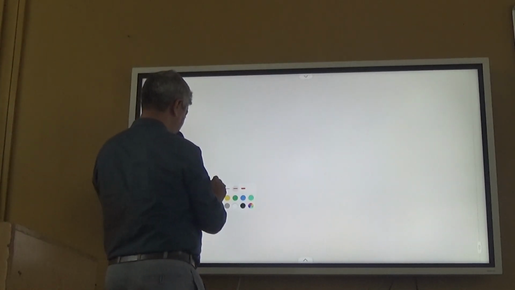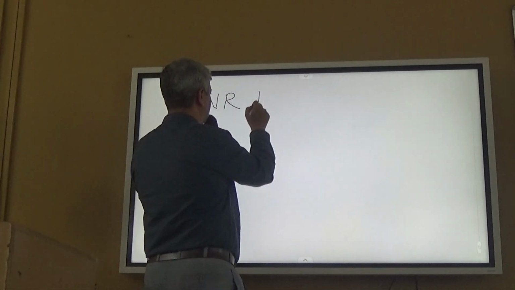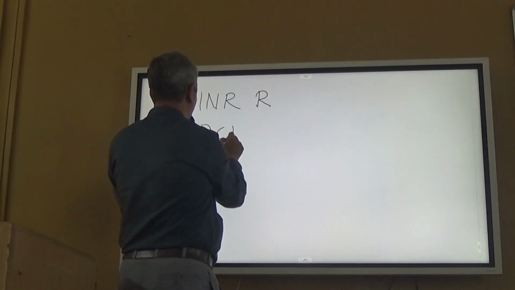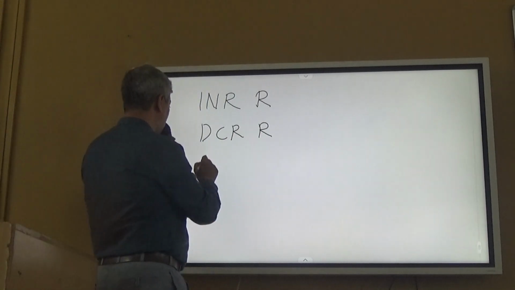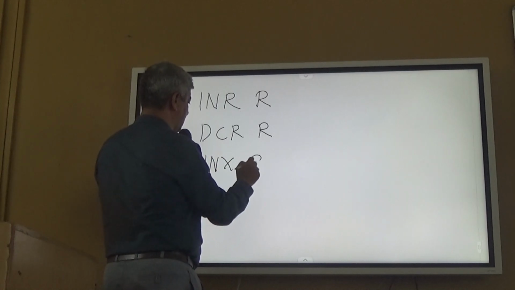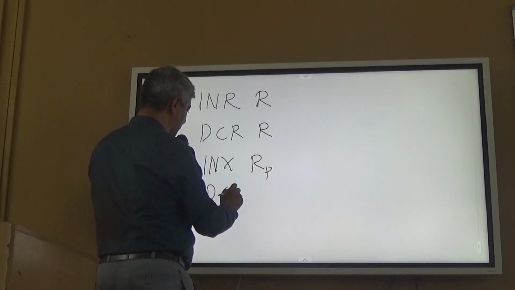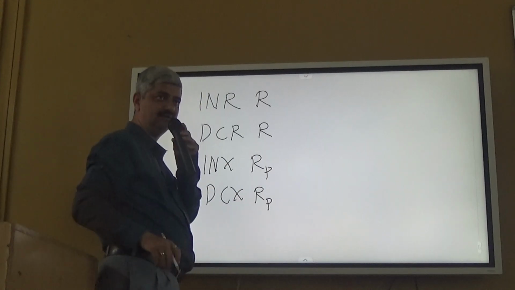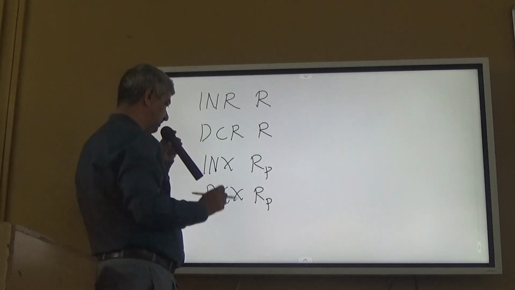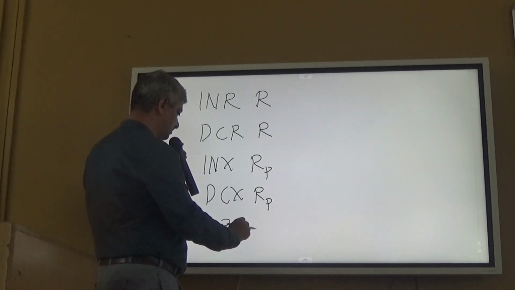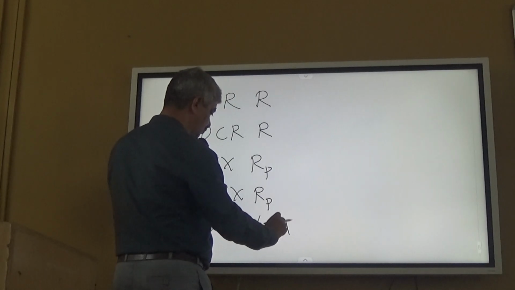Number 1, INR, DCR, INX RP, DCX RP, jump on 0 and jump on no 0.